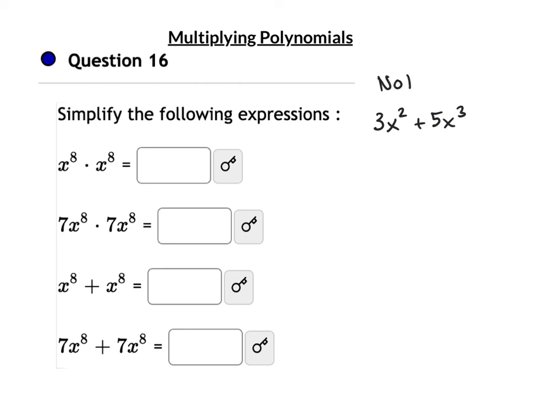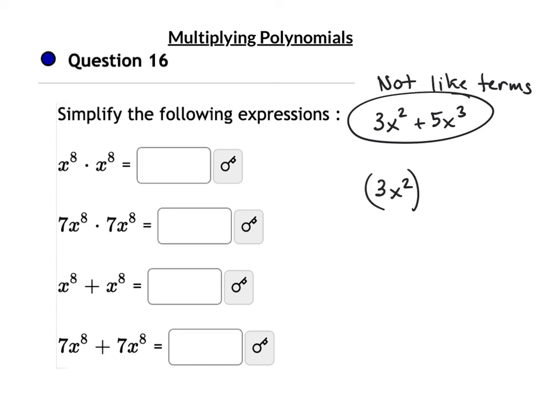They are not like terms. That's your answer. But if I ask you to multiply 3x squared times 5x cubed, that's a different situation. I'm multiplying. I'm going to multiply my coefficients. 3 times 5, hey, that's 15. X squared times x cubed, I got 2 x's here and 3 there. They're going to be 5 altogether multiplied.